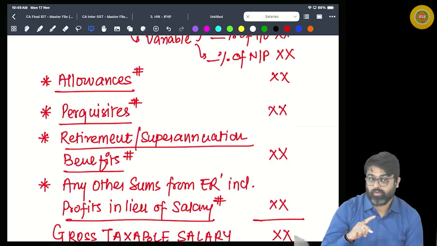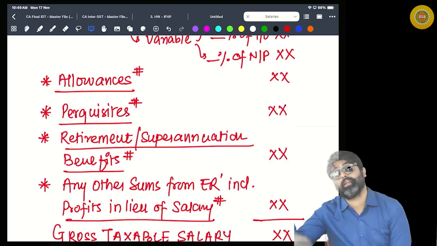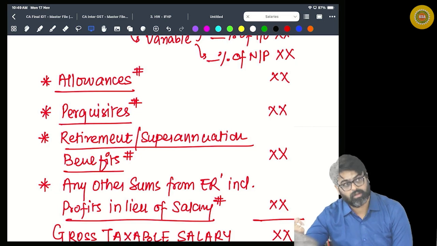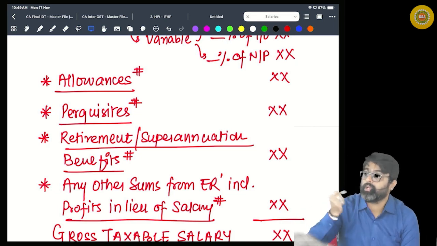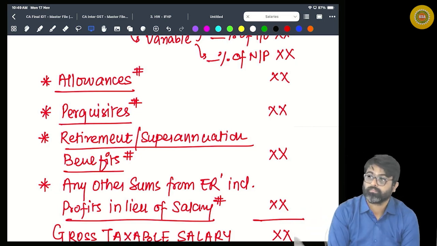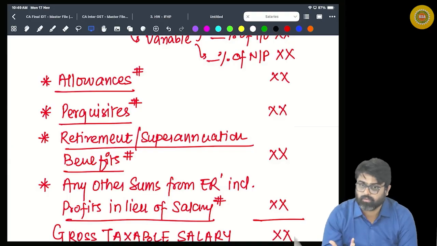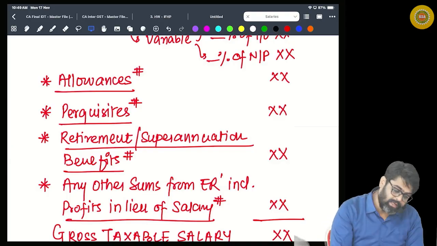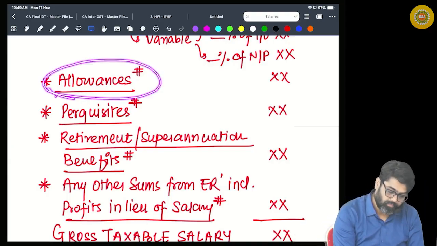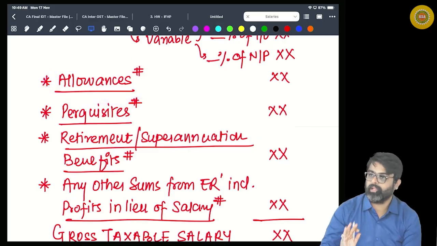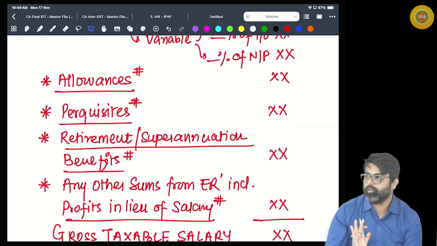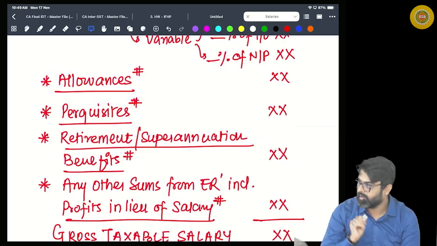To meet official expense or to meet personal medical expenses? Yes or no? I'll give you lunch allowance, tiffin allowance. It will be a personal allowance. Yes or no? So any type of allowance, what did I say? Given by the employer to the employee will be covered under the head salary.